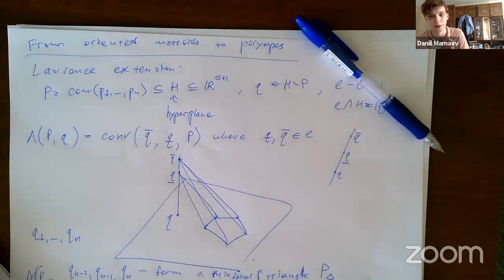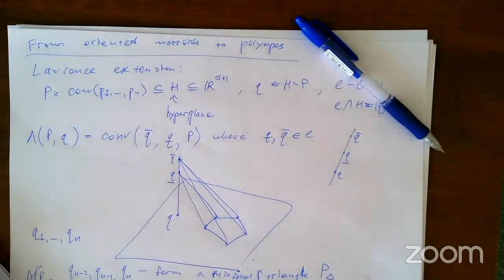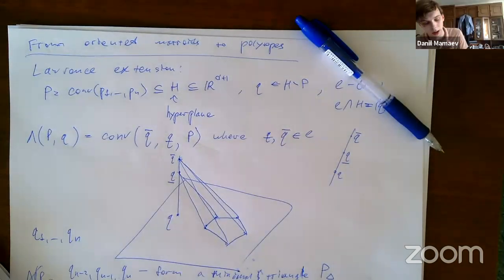Does that answer your question? Yes, I see. What about non-oriented matroids, usual matroids? Is there such a universality theorem for them? Well, in this case, I think it should be over C, right?